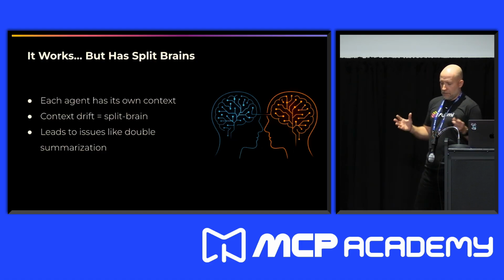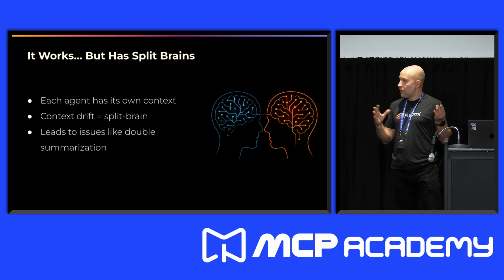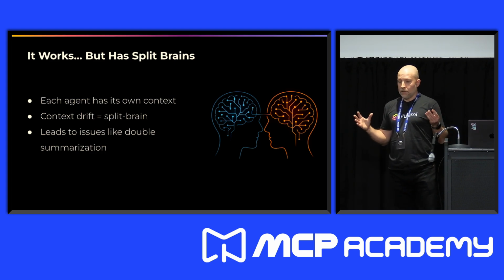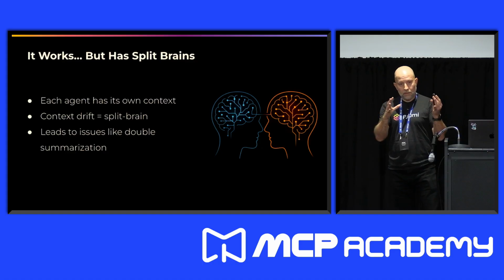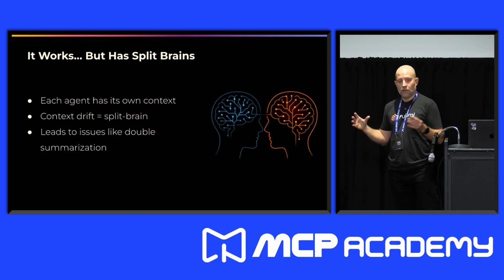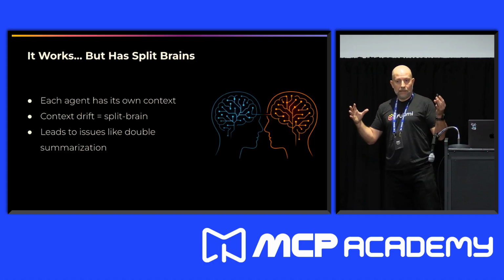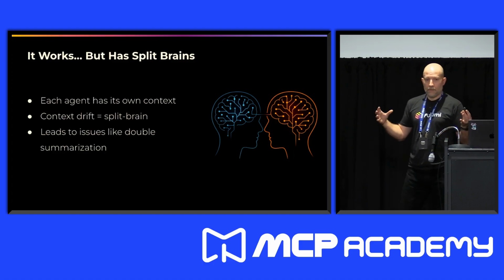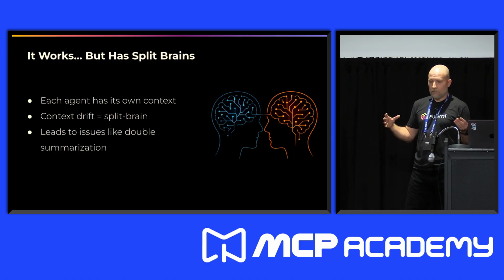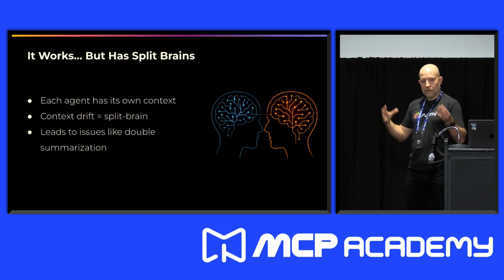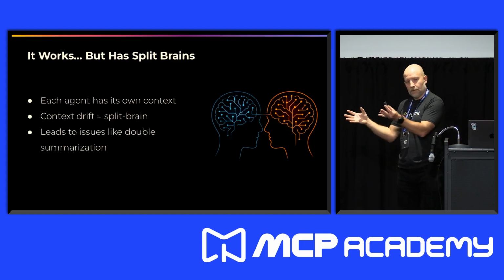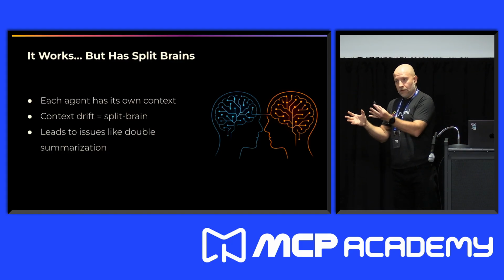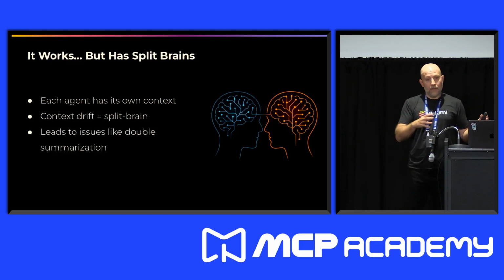The first thing, which is both a feature and a bug, is I call this a split brains situation, where your inner agent and your outer agent have slightly or potentially significantly different views of the world. And it is a feature because when you delegate a task, you really want that task to be executed within the context of the inner agent without polluting the scope of the caller agent. So that's a good thing, right?